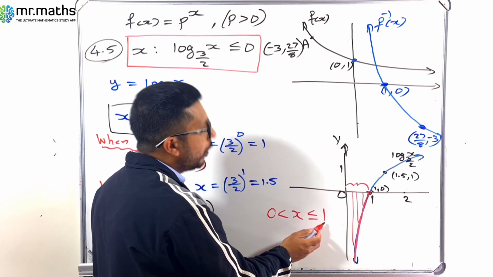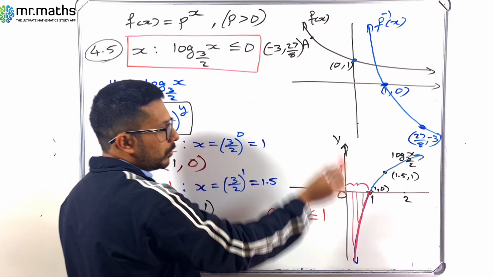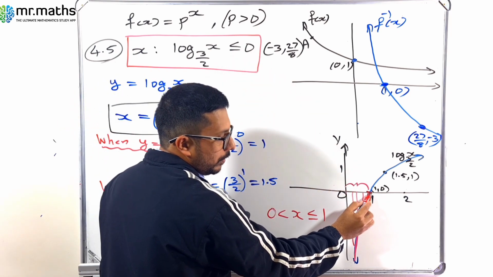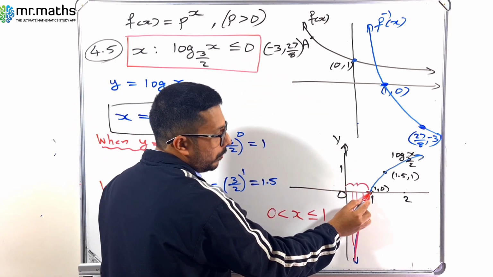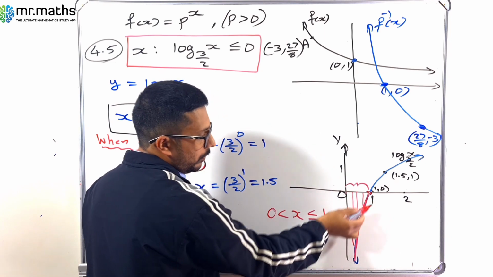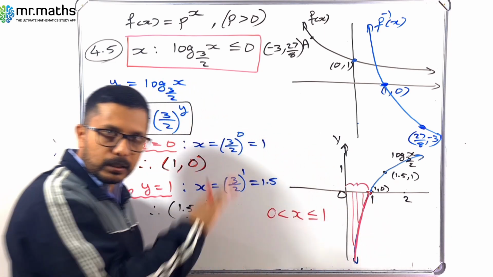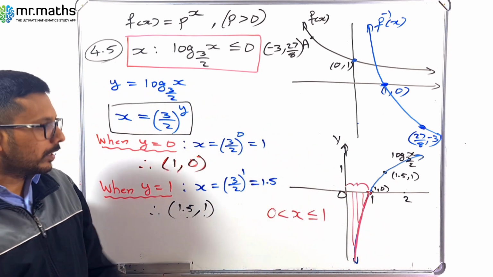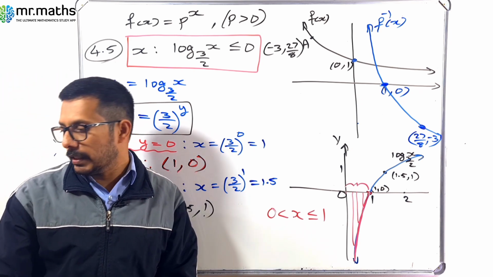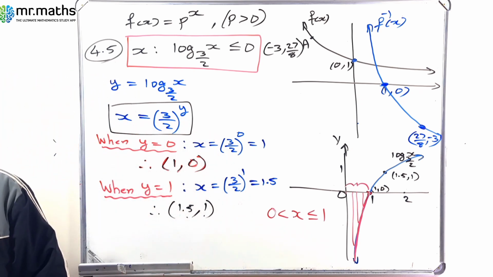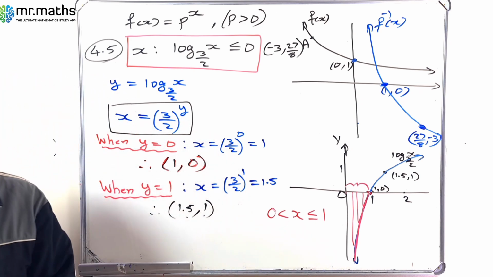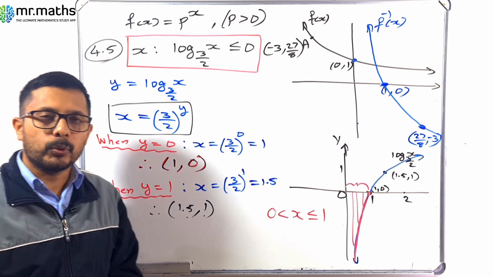But we can include 1 because it is less than or equal to 0. Here y is 0. So between 0 and 1, log x is less than 0. The answer is 0 less than x less than or equal to 1. So guys, that is question number 4.5.